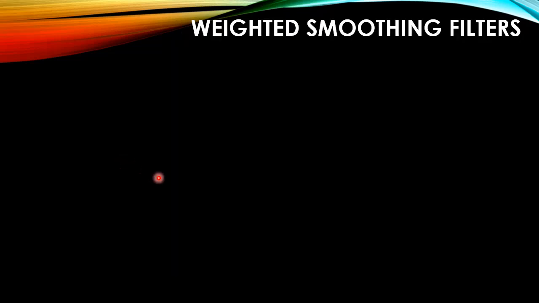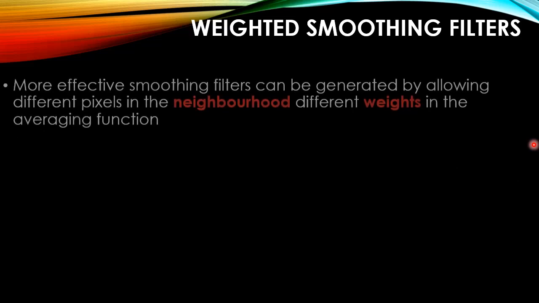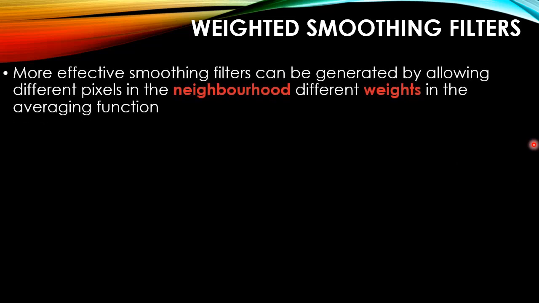We can modify the functioning of the averaging filter by adding weights to the filter coefficients. Basically what we do is we give different weightage to the pixels depending on their relative position to the central pixel.